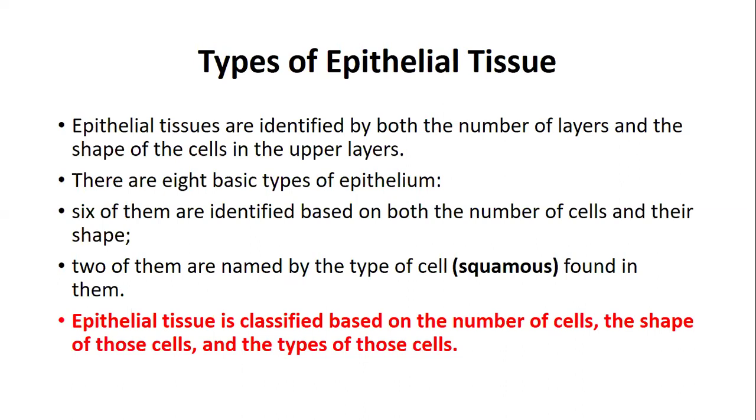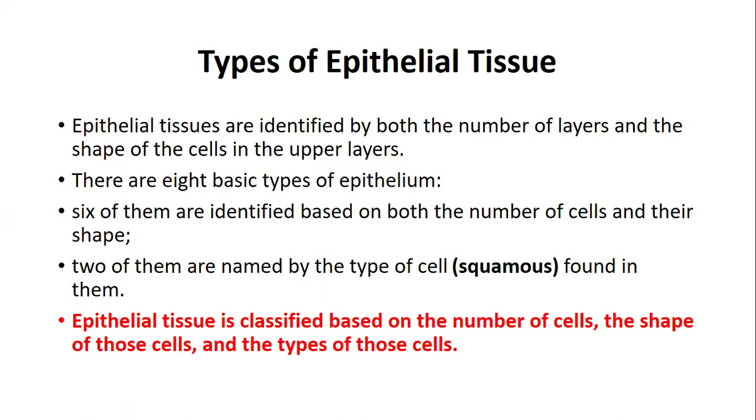There are 8 basic types of epithelium. Take note: 6 of them out of the 8 basic types were identified based on both the number of cells and their shape.